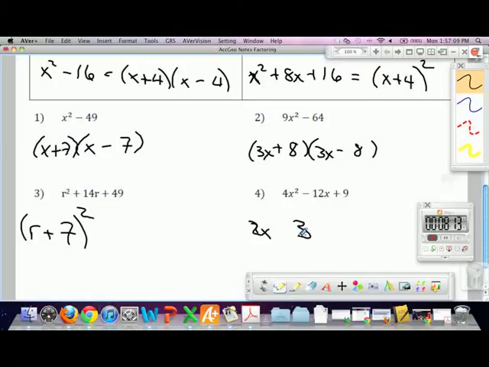If I multiply these and double it, do I get the middle term here? Yeah, I get 12. And this is a minus, so here's a minus. Whatever the middle sign is going to be the sign of our perfect square.